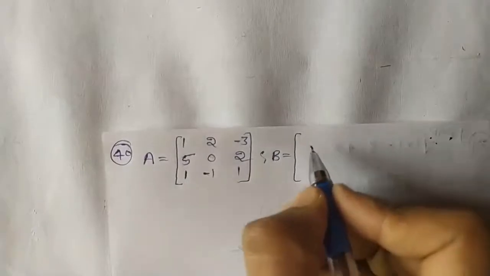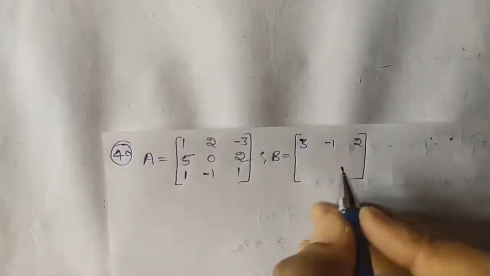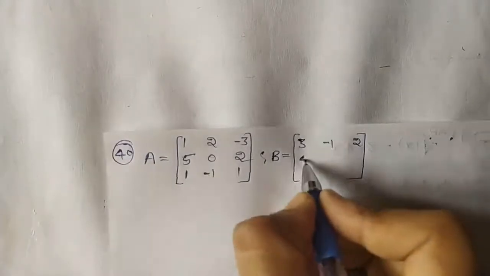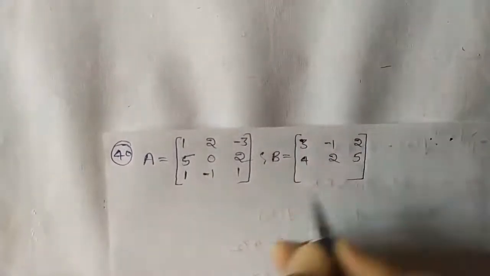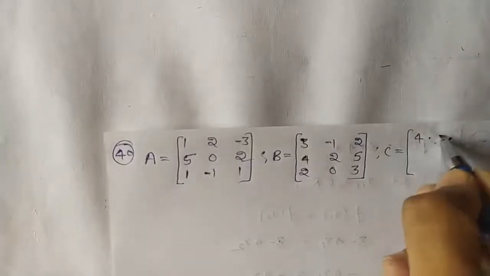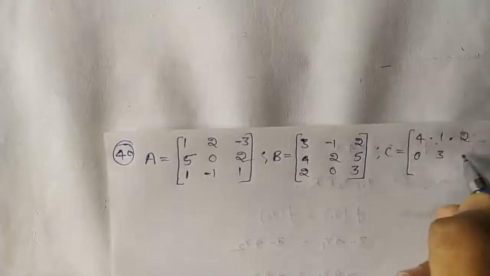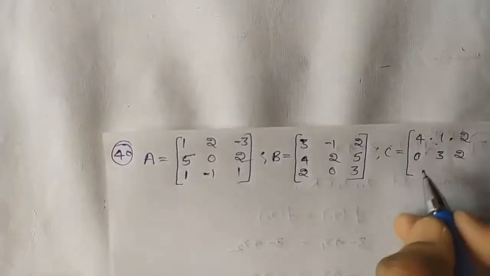Matrix B equals 3 minus 1 plus 2, 4 2 5, 2 0 3. And the matrix C equals 4 1 2, 0 3 2, 1 minus 2 plus 3.